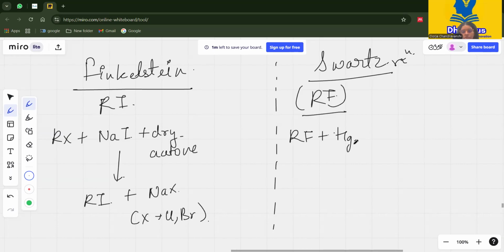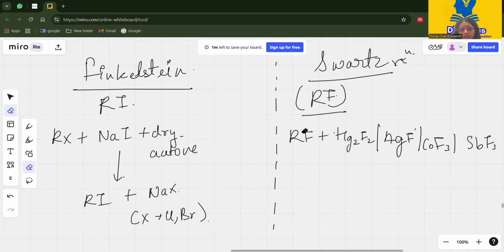I can take Hg2F2 or I can take AgF, CoF3, and last but not the least, SbF3. All of these are going to give me RF. Again, X can be either chlorine or bromine.